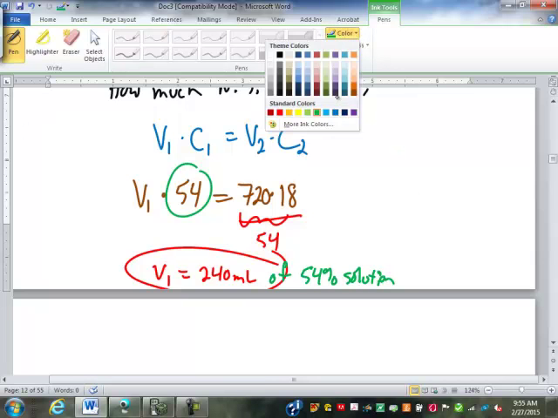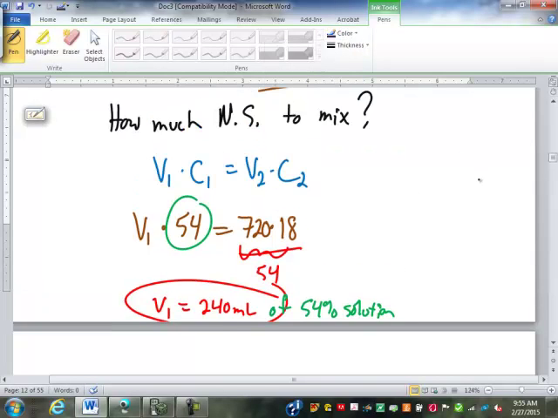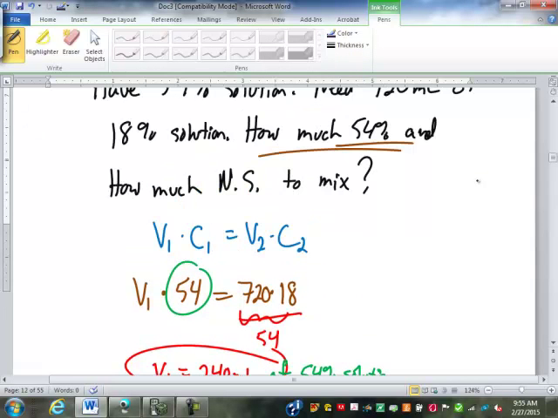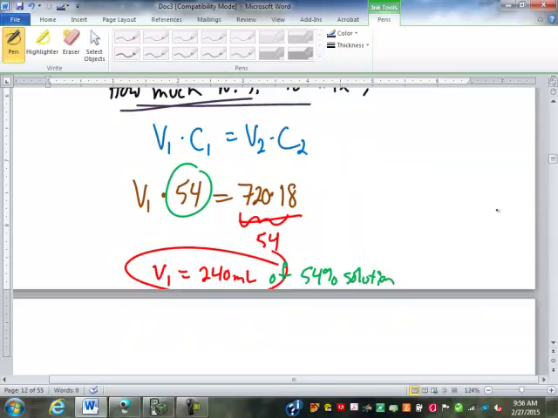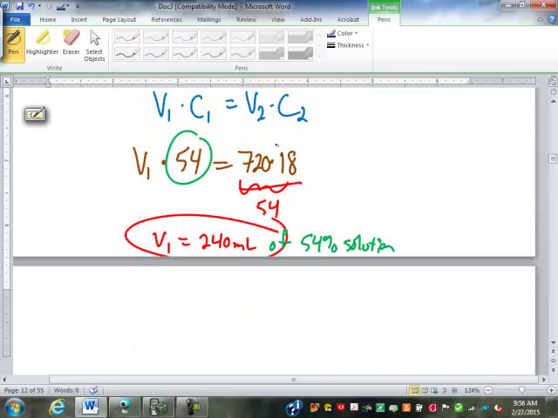Is that all we need to do for this one? How much 54% and how much saline or neutral solution? How do we find the amount of saline here? Well, we have 720 milliliters of 18% and 240 milliliters of 54%.